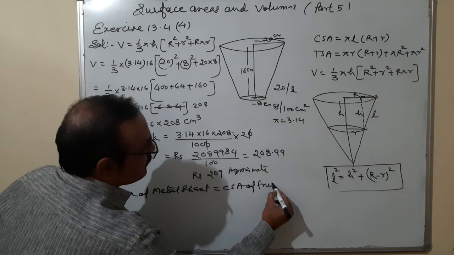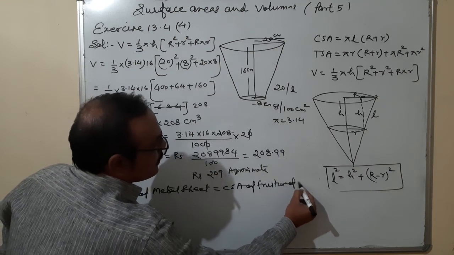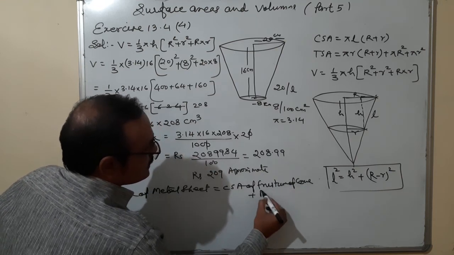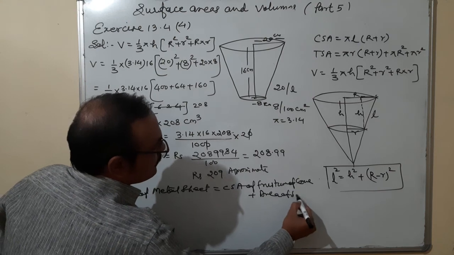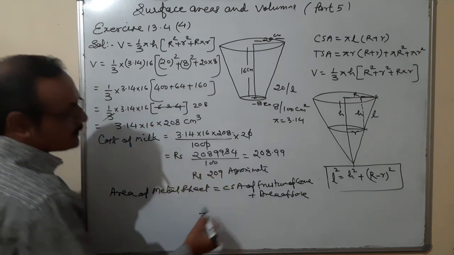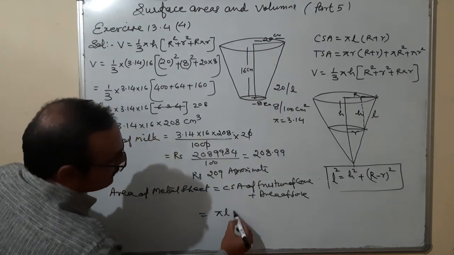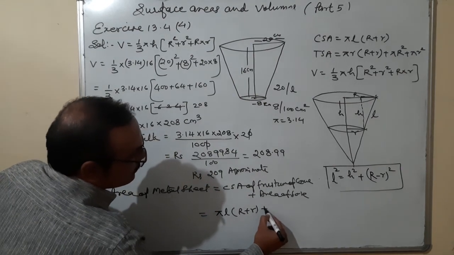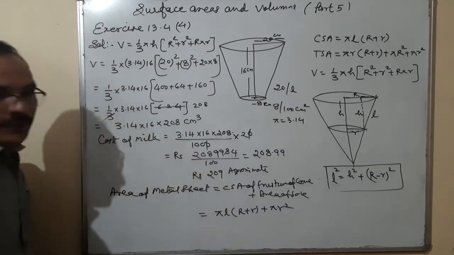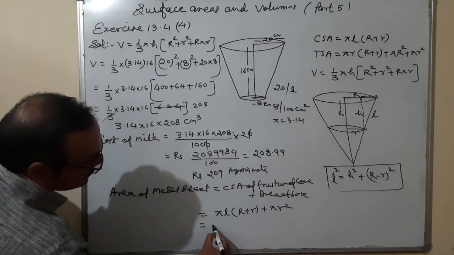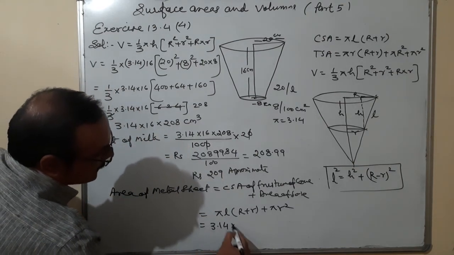The formula of CSA of frustum of cone is pi L R plus pi R square.